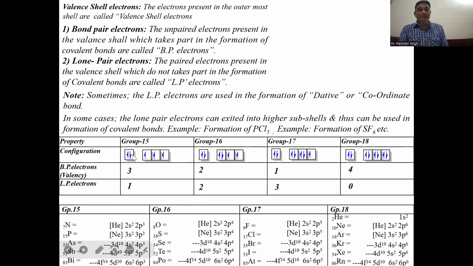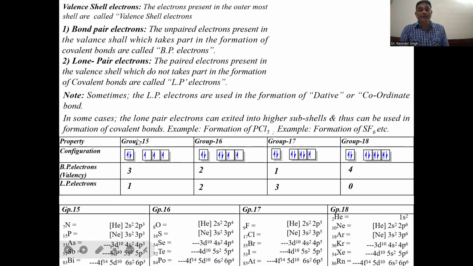If we draw here the vacant 3d orbital after the 3p, what will happen is that the lone pair electron can be unpaired due to the presence of that vacant d orbital. So in the next element, these paired electrons may be unpaired. So the covalency will increase, meaning the tendency to form covalent bonds will also increase, because of the number of unpaired electrons after jumping of these paired electrons into the vacant d orbital present after the 3p.